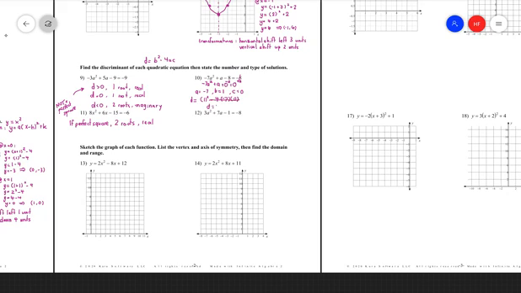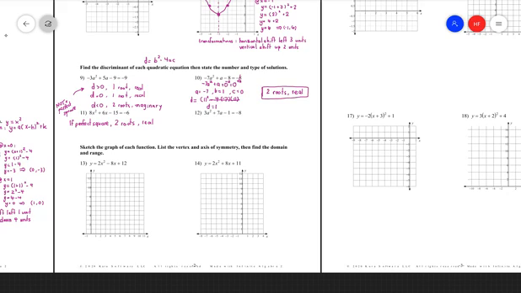D equals 1 squared, which is 1. So 1 is a tricky number because it is a perfect square. 1 times 1 is 1. So we have a perfect square, which means we have two roots, and they are real roots, meaning they're real numbers, not imaginary numbers, which we'll get into later.